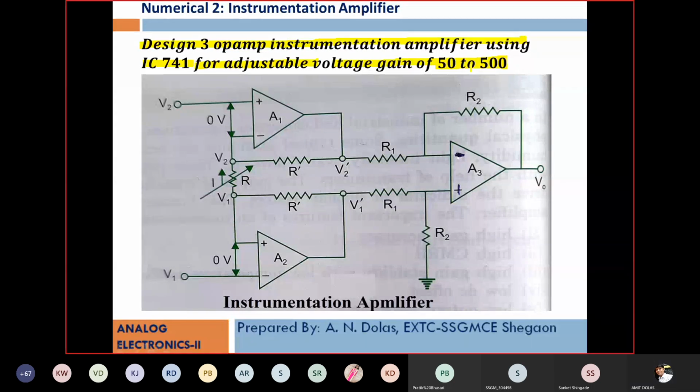Yes, sir. Okay. A similar problem we conducted in the previous lecture. Here A1 and A2 form the buffer stage. To A1 voltage V2 is connected, to A2 voltage V1 is connected, and then there is a differential stage by A3, wherein V2 dash and V1 dash are connected, and we had the output formula.